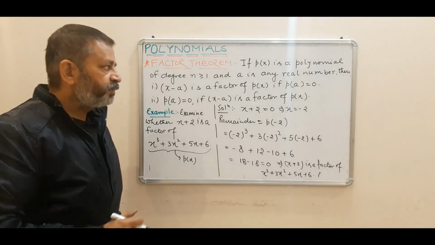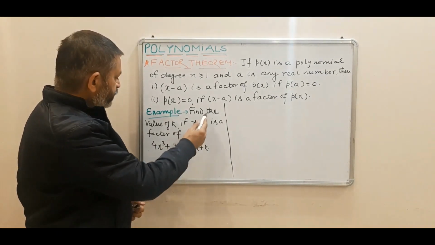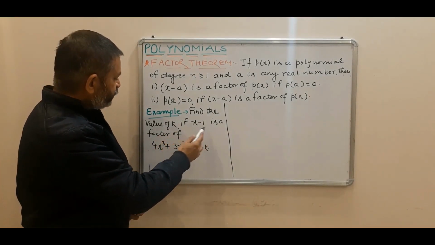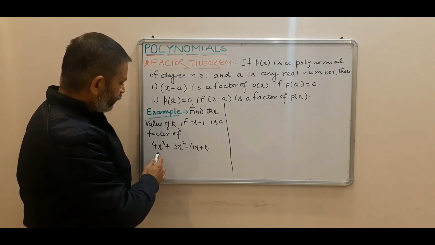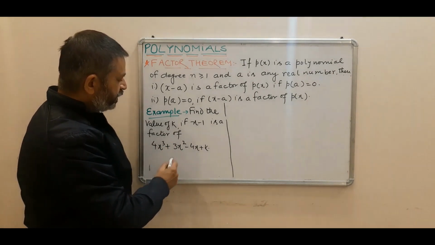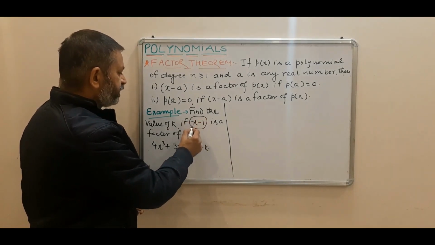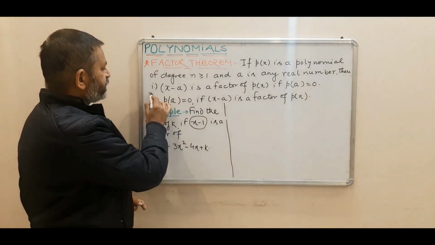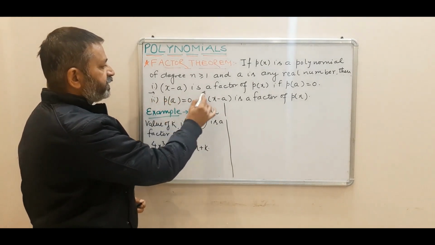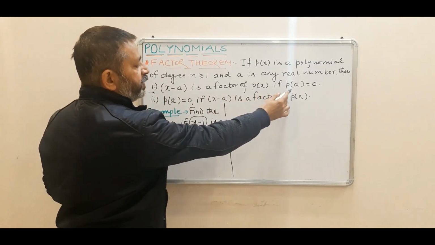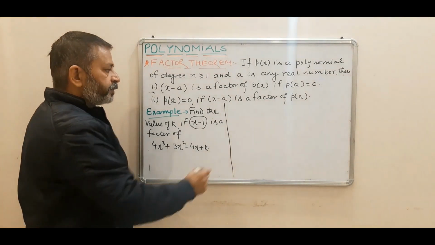Now we'll do one more example based on factor theorem. Find the value of k if x - 1 is a factor of 4x^3 + 3x^2 - 4x + k. So now it is given that x - 1 is a factor of this. So as per the statement, if x - a is a factor of p(x), then p(a) = 0.